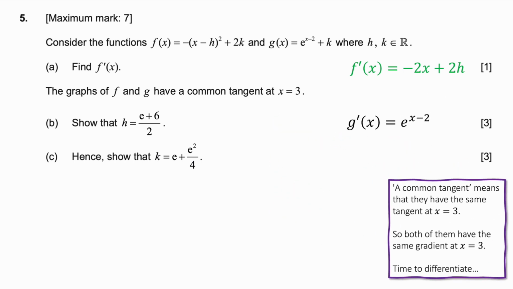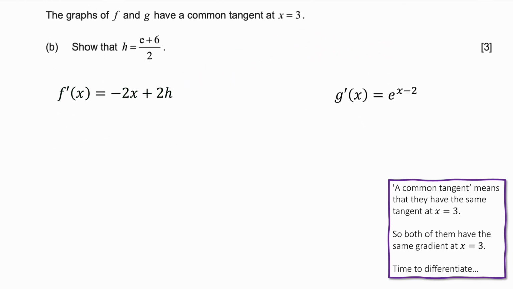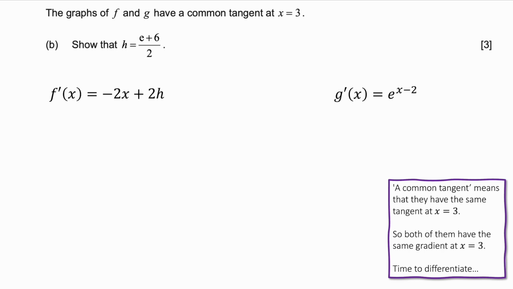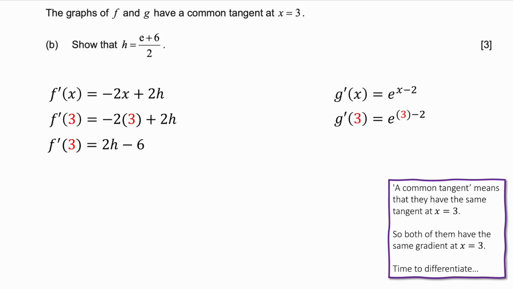So we're going to differentiate g, and when we differentiate g, it just comes e to the power x minus 2. That's just using the chain rule, differentiating exponentials. And they've got the same tangent at x equals 3. So the value of these two derivatives at x equals 3 must be the same. We're going to put x equals 3 into these, and we're going to simplify like this.